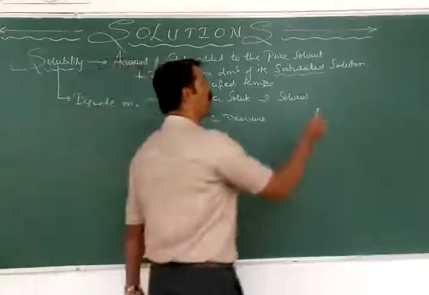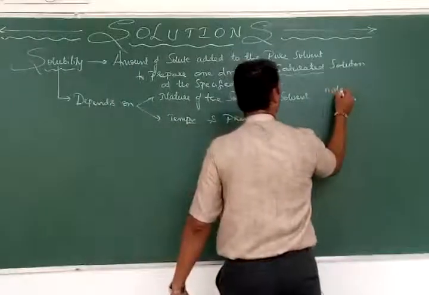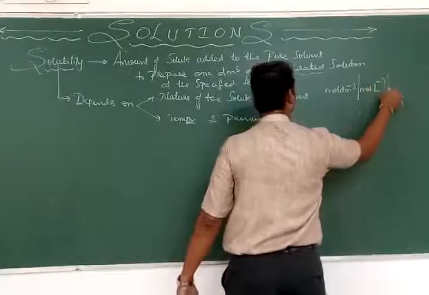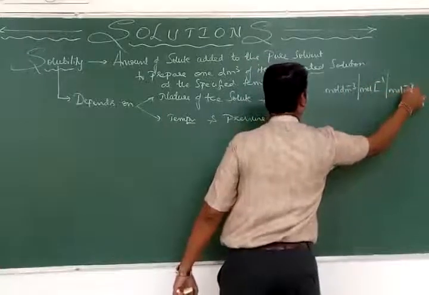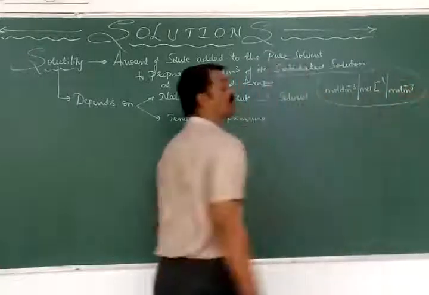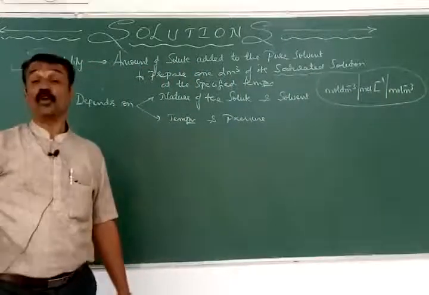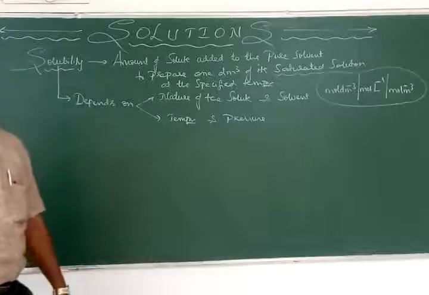Usually the unit of solubility is mole per dm cube or mole per liter, or the SI unit is mole per meter cube. It is similar to the unit of a concentration term, preferably the molarity.